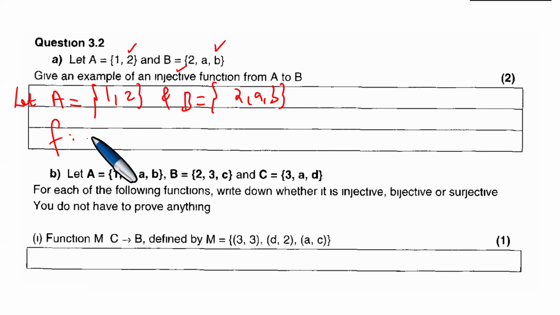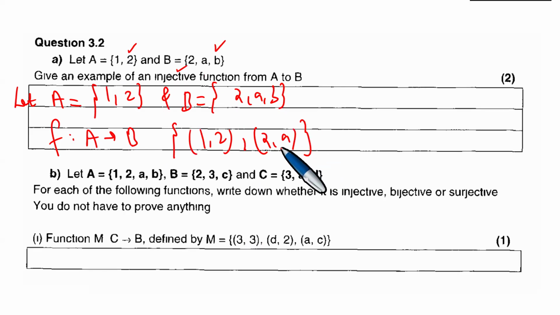F, being a function from A to B, would actually be containing the following, because let's just give an example of an injective function. If we map 1 to 2, and we also map 2 to A, this will be an example of an injective function.